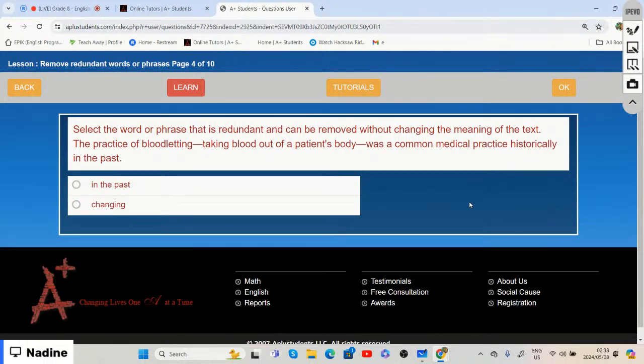Now we need to select the word or the phrase that is redundant and can be removed without changing the meaning of the text.